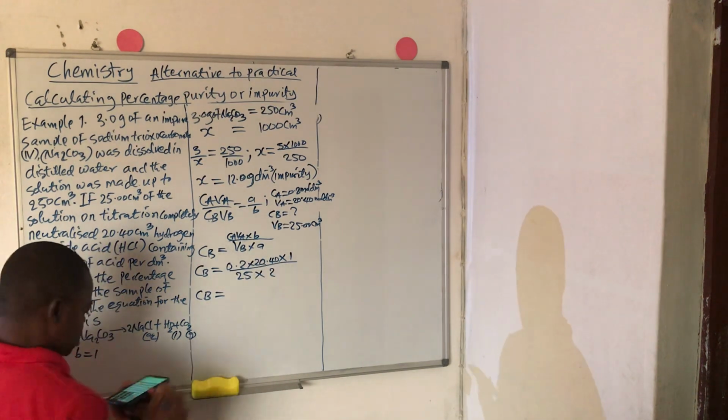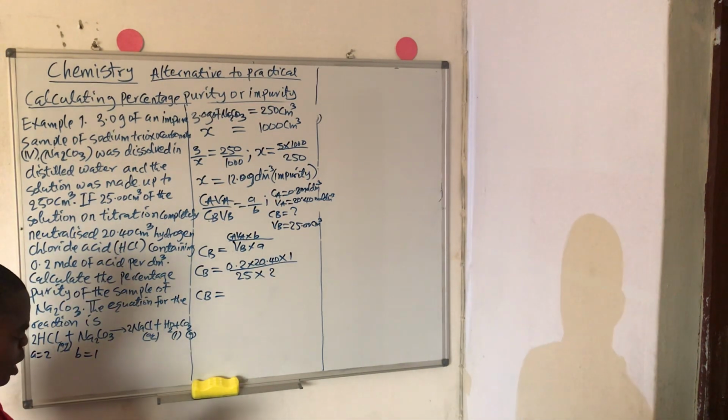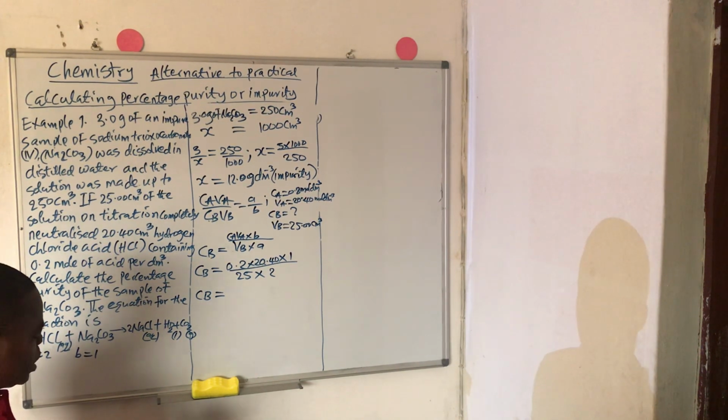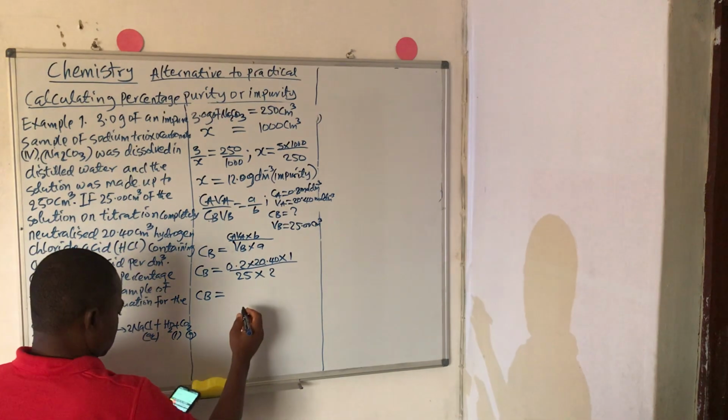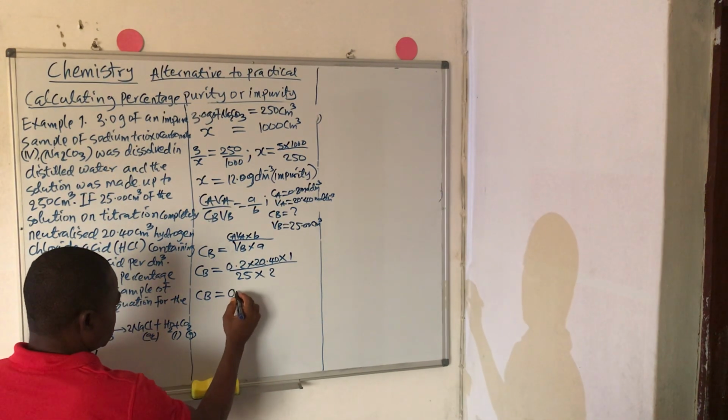Let me correct that. So we have 20.40 multiplied by 1, then divide the result by 25 times 2. The answer I'm getting is 0.08.